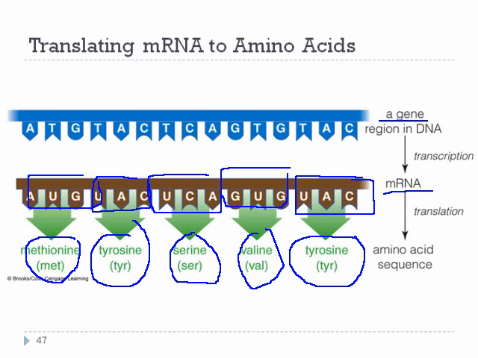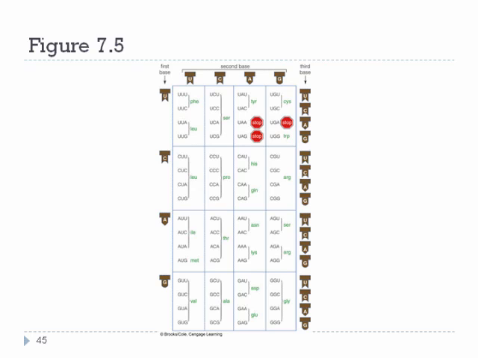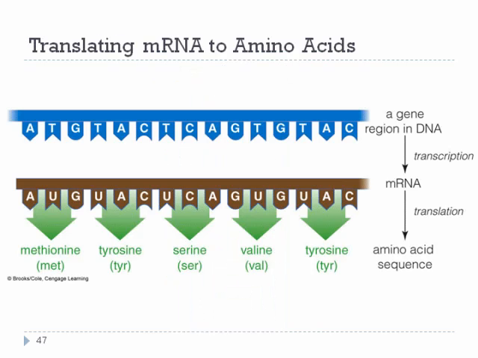And how did we know that? We used this figure. So UCA on that previous figure was a serine. UCA is a serine. So these amino acids come directly from that genetic code figure.